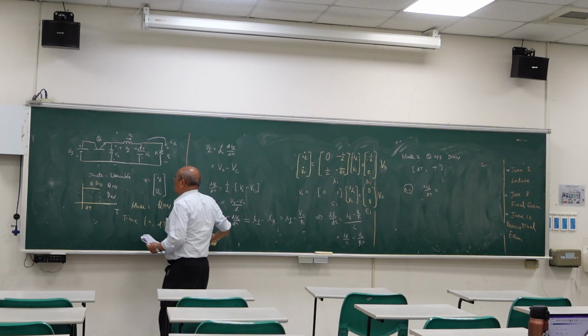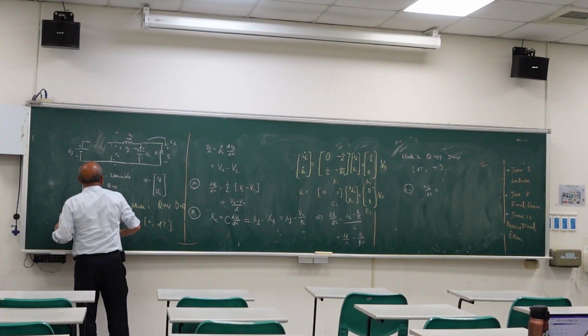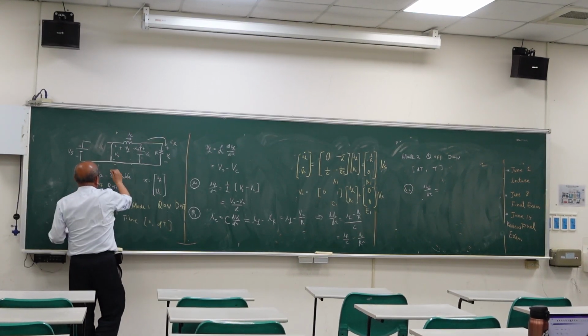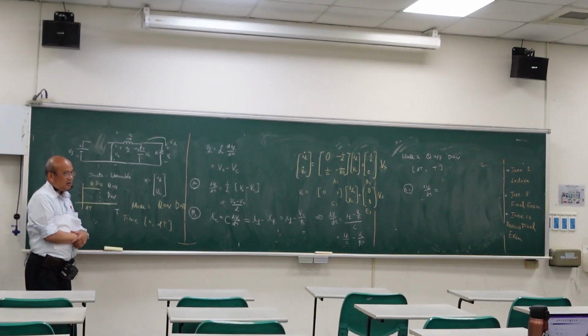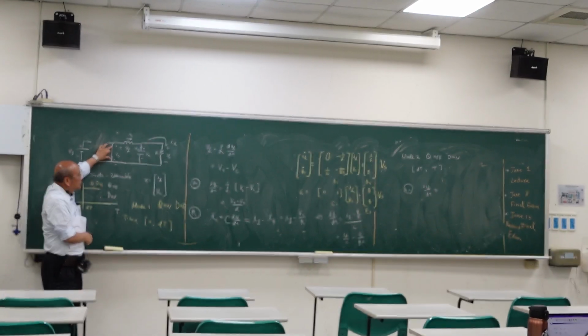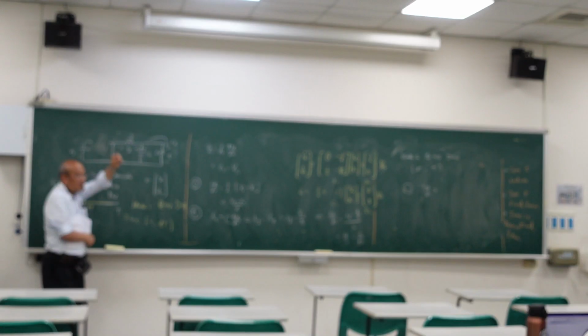Now Q off, D on. So what is Vs, the input? With D on, Vs is 0, right?